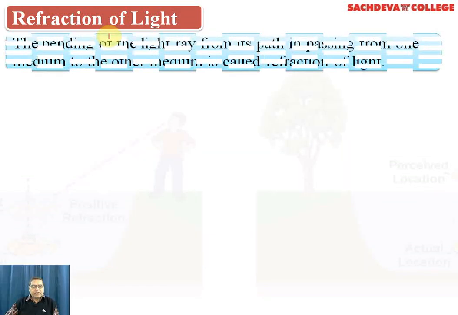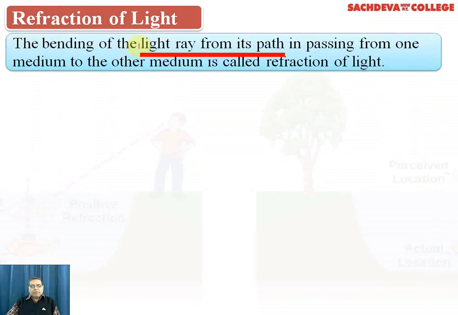So first of all we come towards the main concepts regarding the refraction of light. The bending of light ray from its path in passing from one medium to another medium is called refraction of light. So when we say one medium to another medium, obviously it is from rarer medium to the denser medium or from denser to rarer medium.